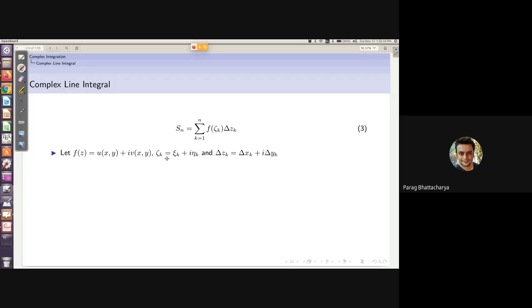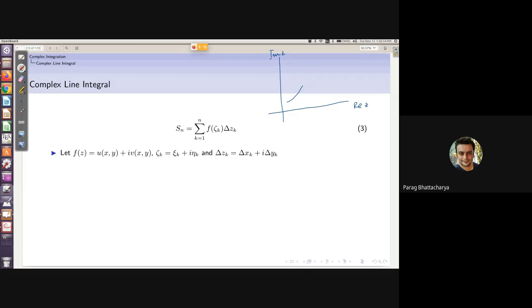Now this zeta can be written, you see, because after all, what is this zeta? This is a curve, no? Let me show you here. Let's say this is a complex plane, with the real part of z and the imaginary part of z.